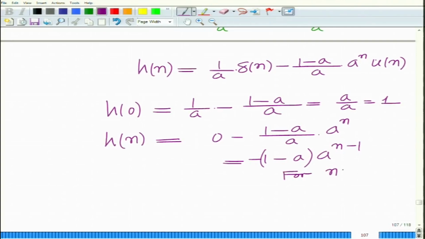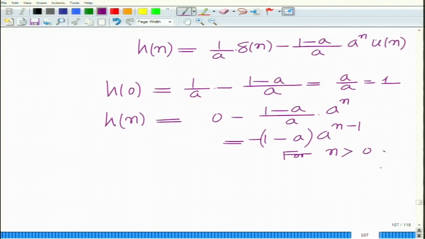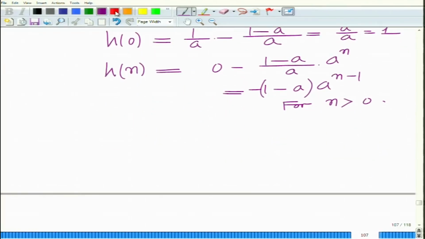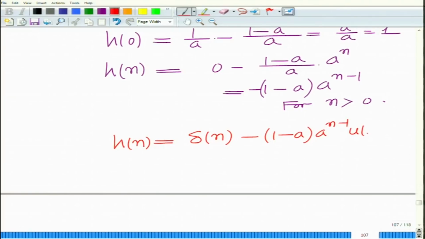Now, this is for n greater than 0, or you can say n greater than or equal to 1. Combining both, we have h(n) equal to delta n minus (1 minus a) a raised to n minus 1 u(n minus 1).